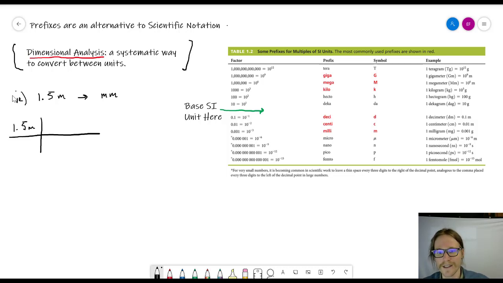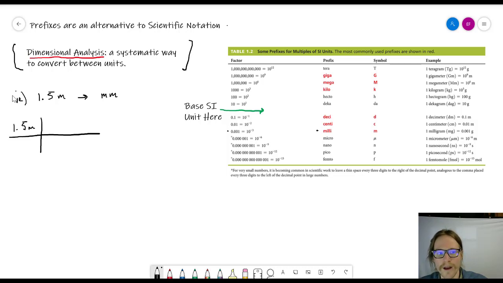In this case, this table is telling me that 1 milli of any base SI unit, it could be a millimeter, or a milligram, or a millibyte, is 0.001 of whatever that base unit is. That's our conversion factor right there, which we need to put into our dimensional analysis.